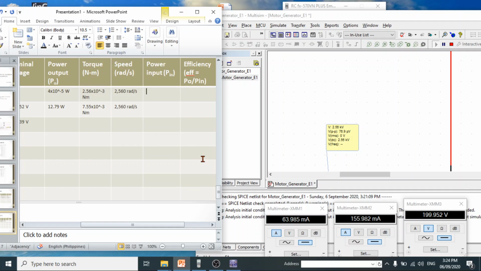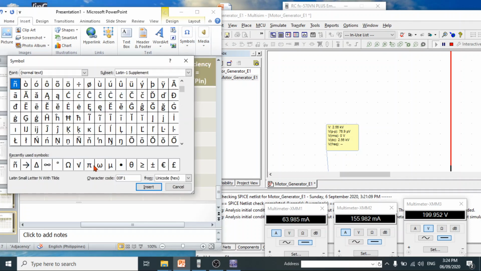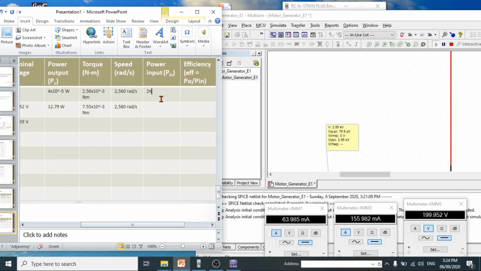Okay, so the input power can be calculated using the formula 2 pi NT over 60, wherein N here represents the speed in revolutions per minute.